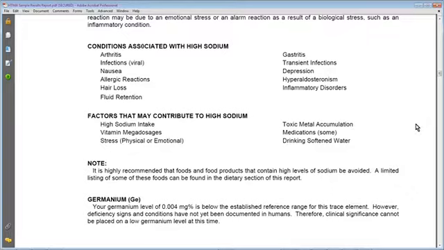When you're using sea salt, especially Celtic sea salt, I'm not too keen on Himalayan pink salt, but I am very keen on sea salt, it doesn't seem to have the same effect in terms of an inflammatory response or even bloating.